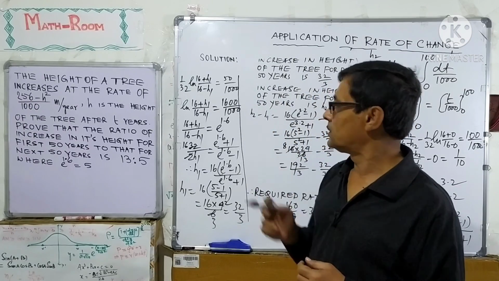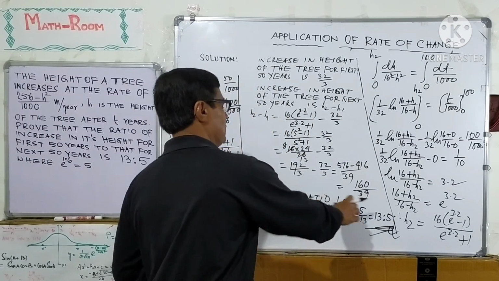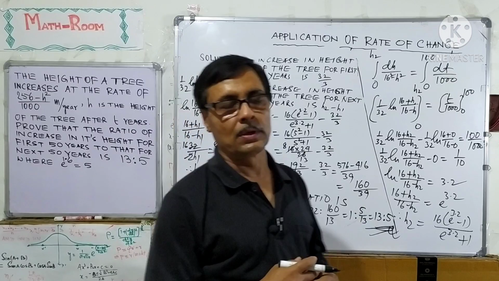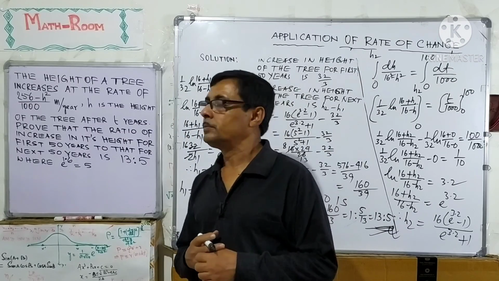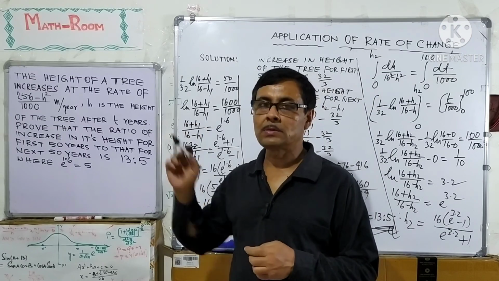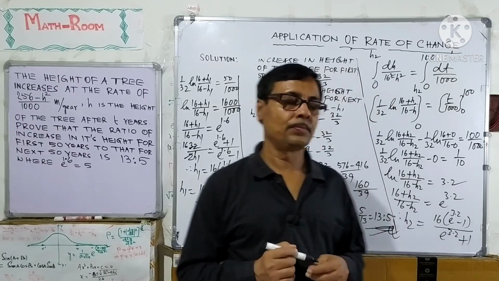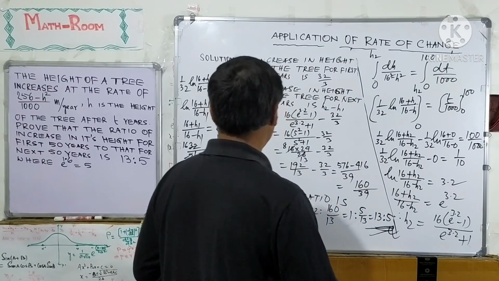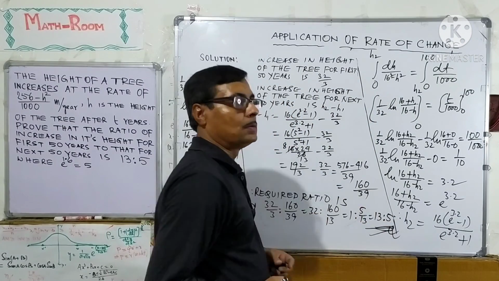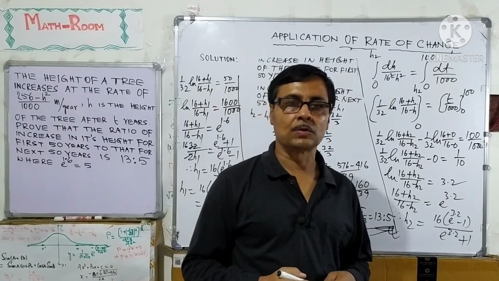So, we have evaluated this ratio, and the required ratio is 13 is to 5. The ratio of the increase in height for the first 50 years to that for the next 50 years is 13 is to 5.